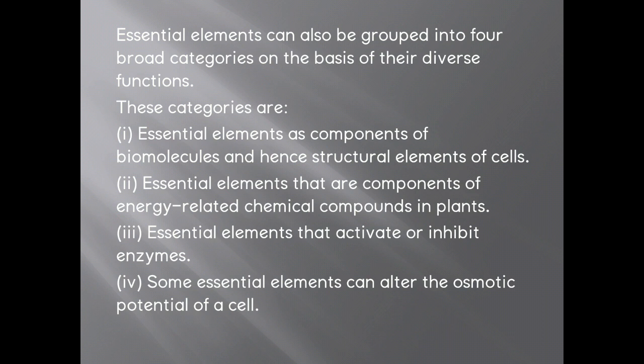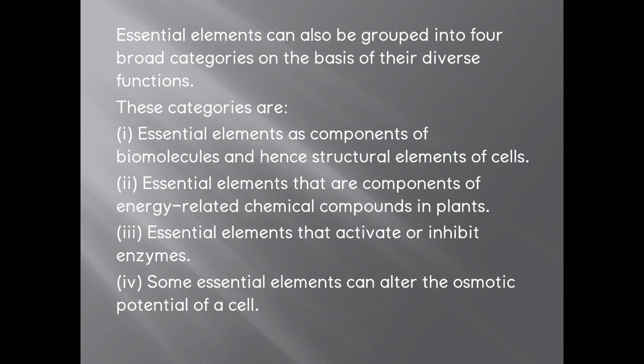Secondly, essential elements that are components of energy-related chemical compounds in plants. Whenever energy-related chemical compounds are mentioned, what comes to mind is ATP. So the example here is ATP, which involves phosphate, and another example is chlorophyll, which contains magnesium as an essential element.